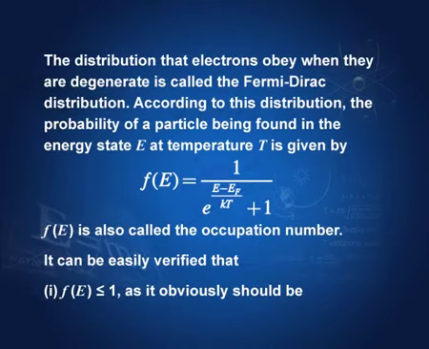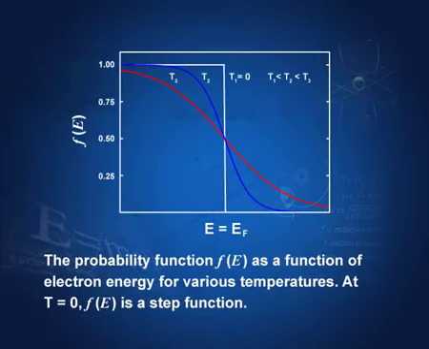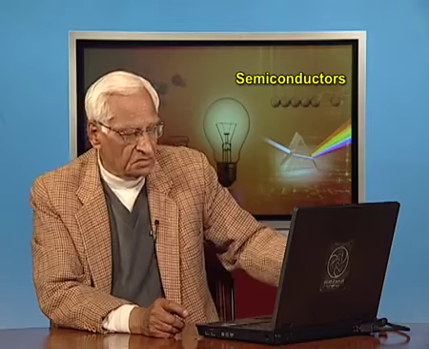How does this happen? Imagine T equal to 0. If E is less than E f, then this term goes to 0 and F e becomes 1. On the other hand, if E is greater than E f, then this becomes infinite, and this becomes 1 by infinity, which is 0. So, F e becomes 0.